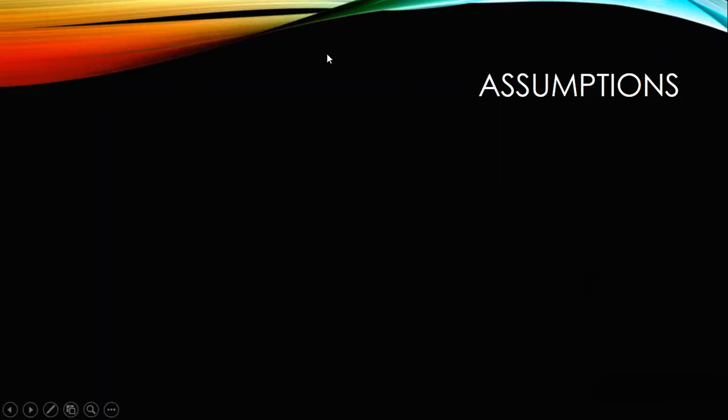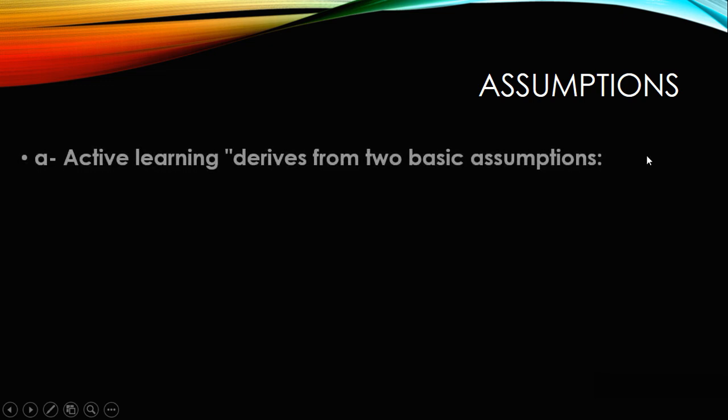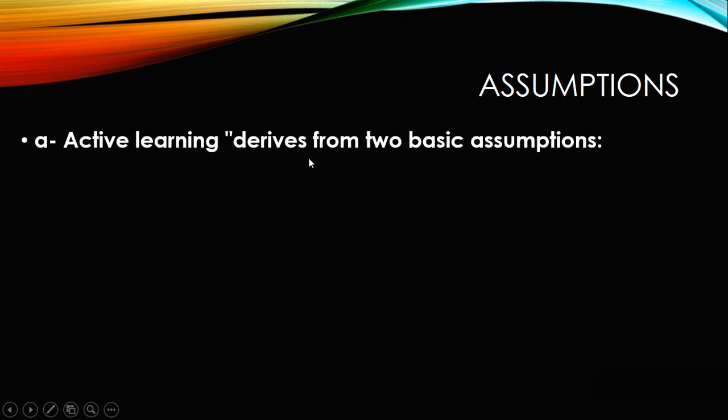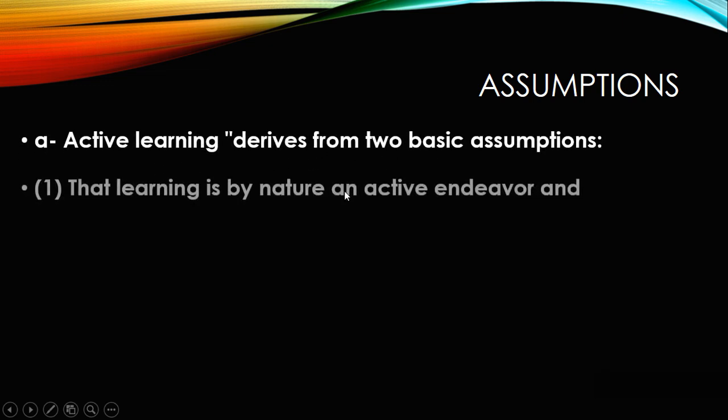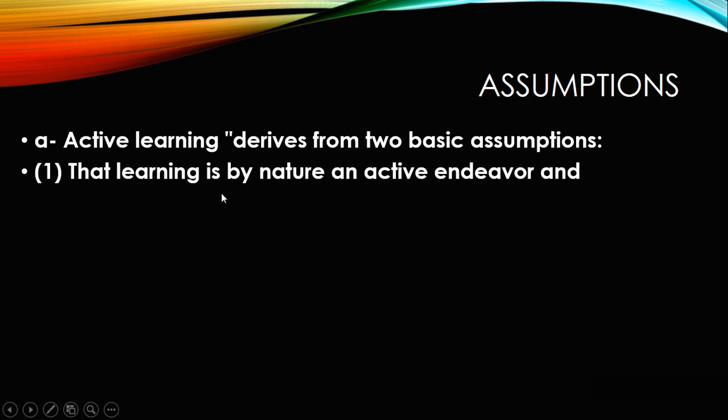Assumptions. What are the assumptions for active learning? Active learning derives from two basic assumptions: that learning is by nature an active endeavor. Okay? Now, most of us, when we got our first smart mobile phone, we did not know immediately what to do with it. We did what?